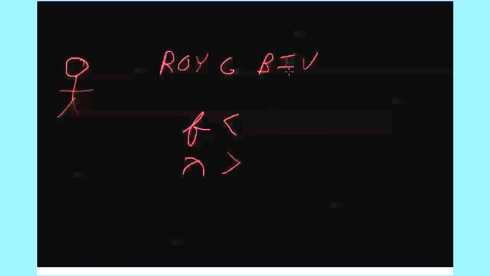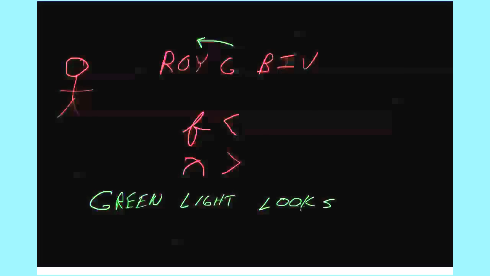This green light that we started with is going to get shifted to the red side, and that's called a redshift. So the green light looks redder.